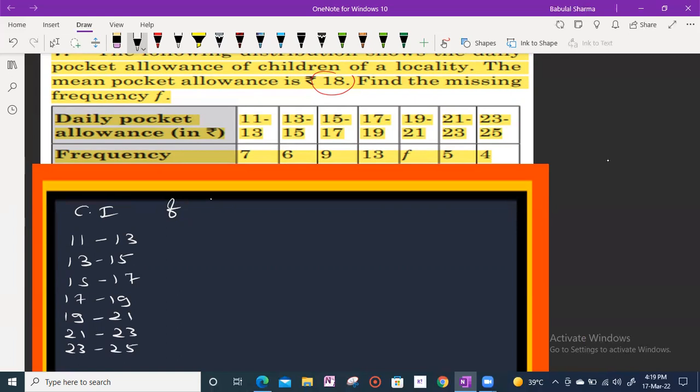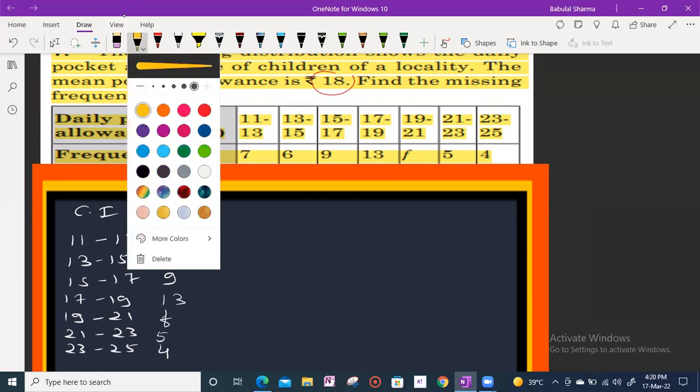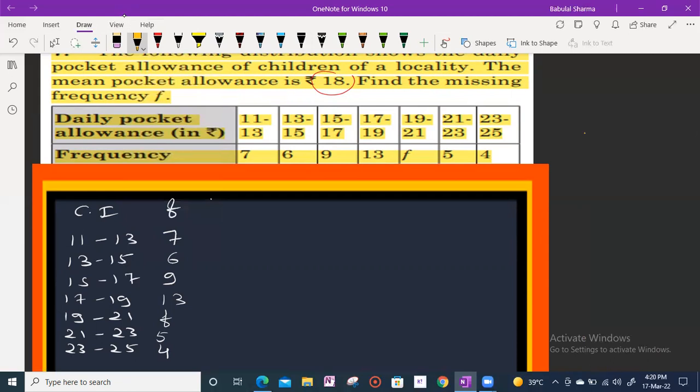You please also do this question. And its frequency is given by 7, 6, 9, 13, f, 5, 4. To use this formula, we need the class mark, means the mid value of the class.